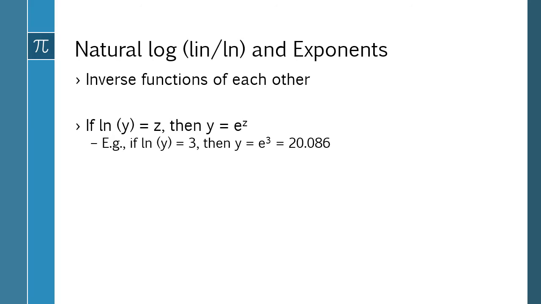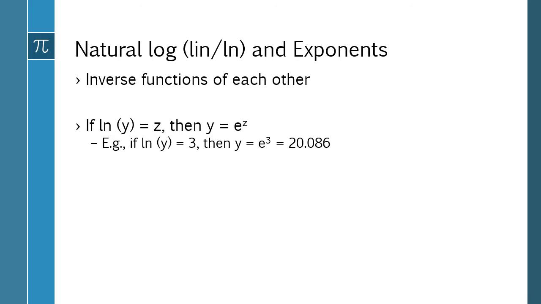Okay, so for example, if you have ln of y, the function of y, and that's equal to z, then it means that y equals exponential of z. Okay, it's e to the z. So again, if ln y equals z, then y equals e to the z.